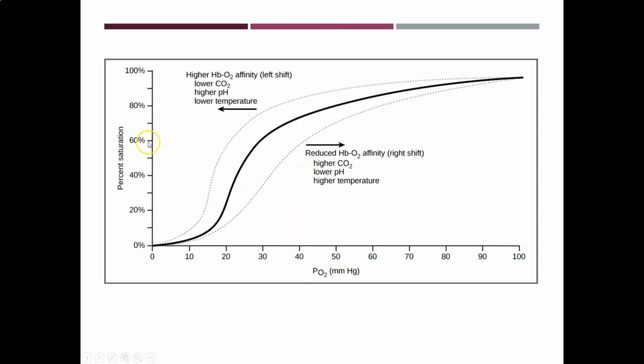If you wanted to achieve 60%, you would have to have a partial pressure of 40, so 20 more than earlier to achieve the same percentage. So at 60%, with lower CO2, higher pH, and lower temperature, it only takes 20 millimeters of mercury. But if you have higher CO2, lower pH, and higher temperature, it's going to take about 40 millimeters of mercury to reach 60% saturation of oxygen on hemoglobin.